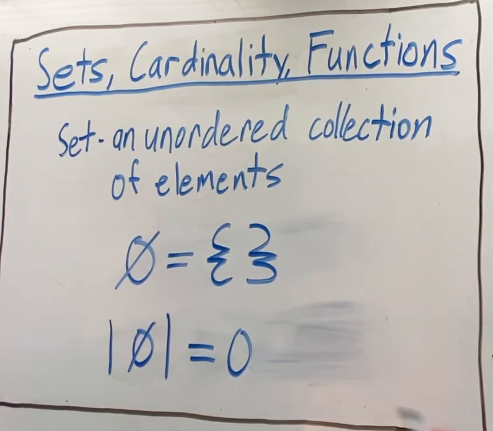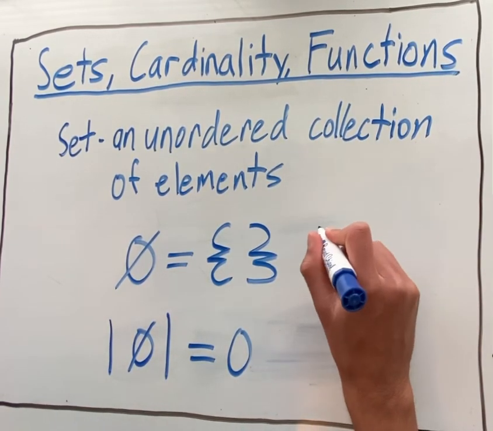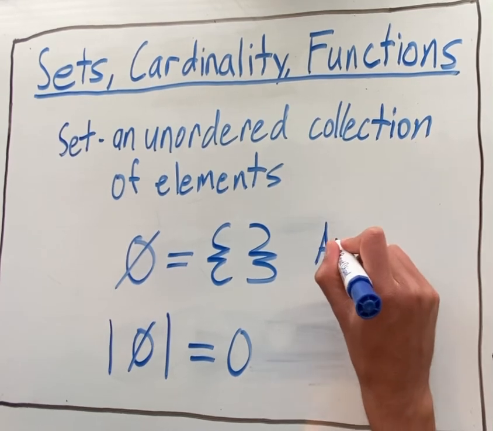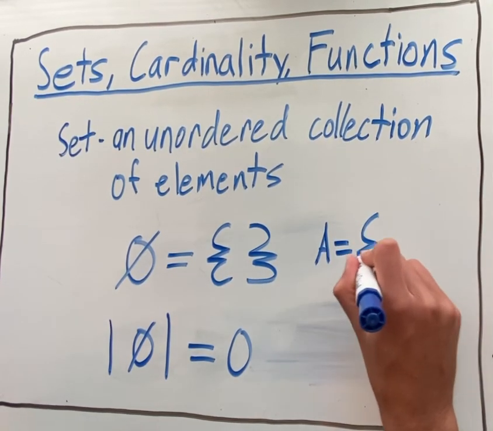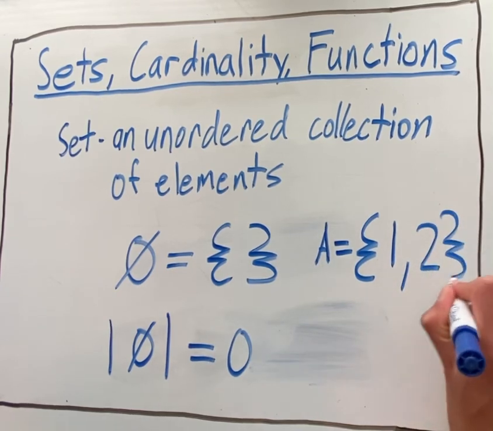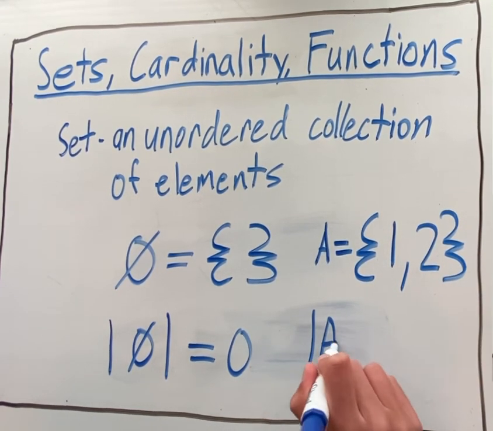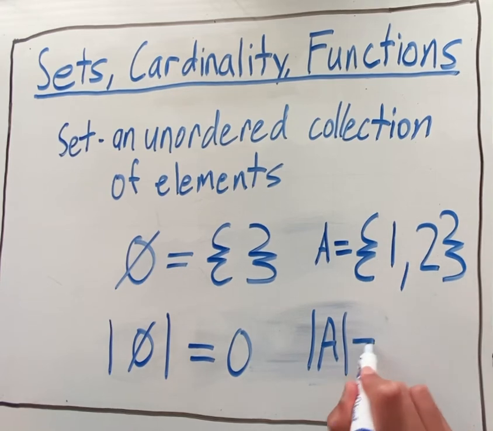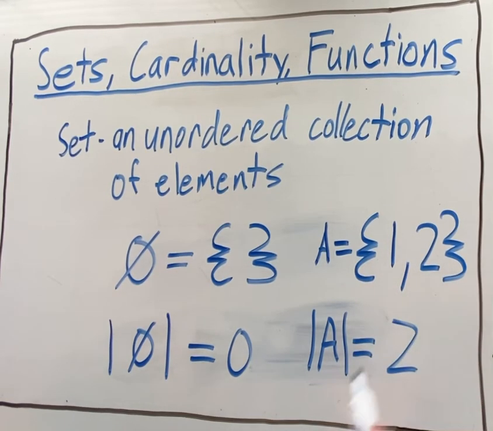Then we can talk about another set, let's use the same letter, doesn't matter: 1, 2. And the cardinality of A, think for a second, make sure that you understand this concept, is 2. Now the cardinality of sets seems like a very obvious concept, but it's going to become a little less intuitive when you start talking about infinite sets.